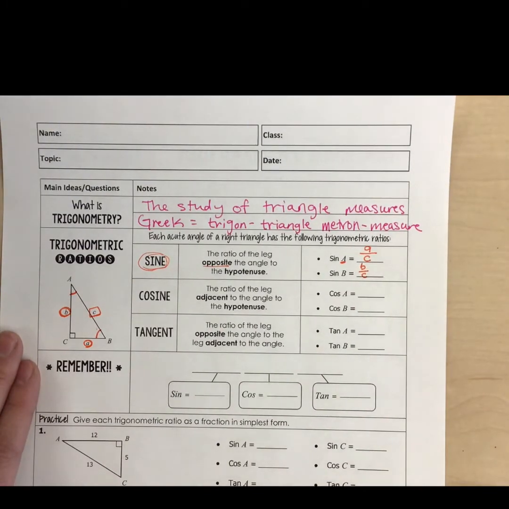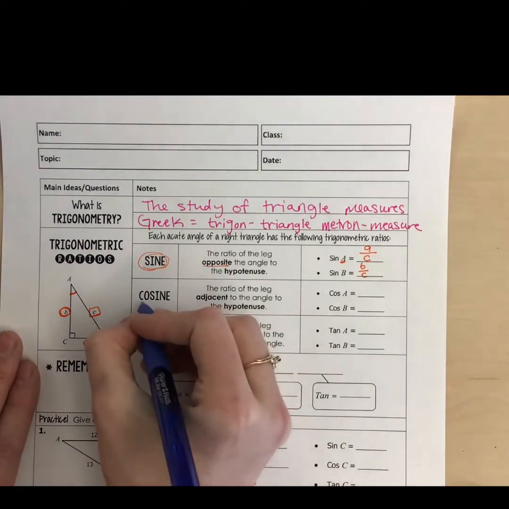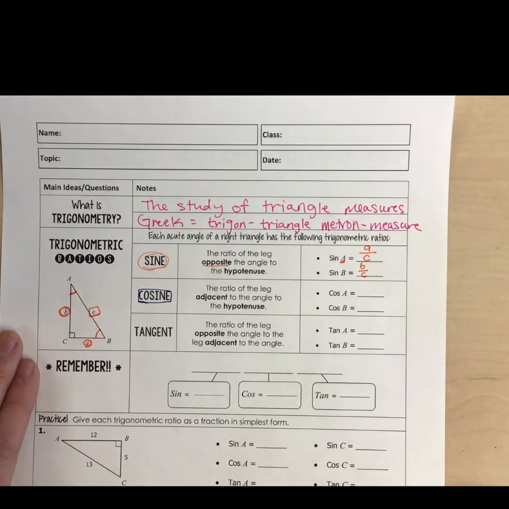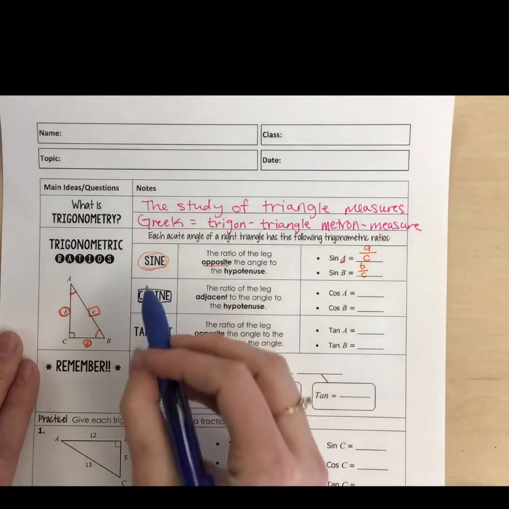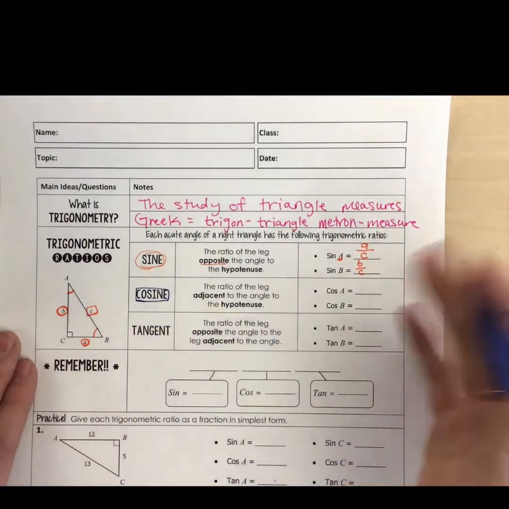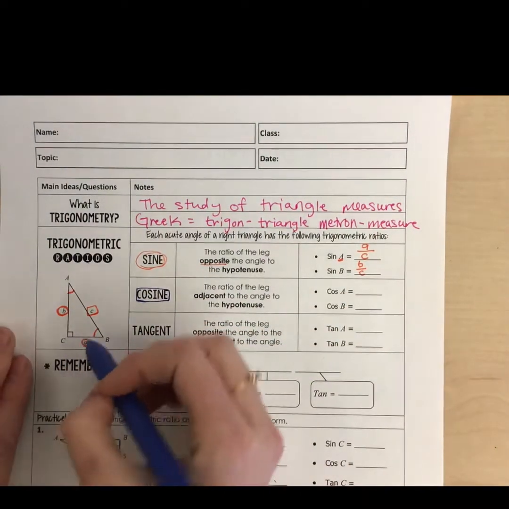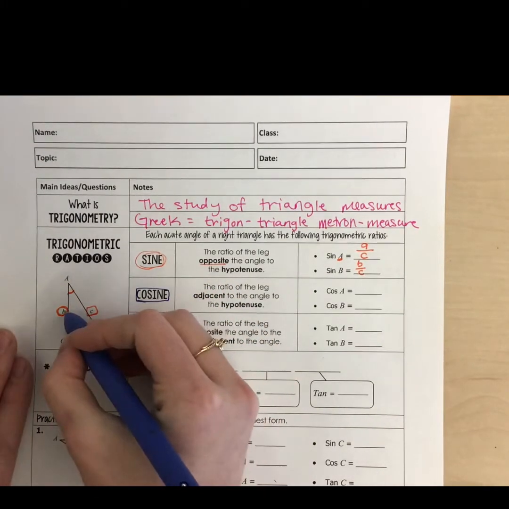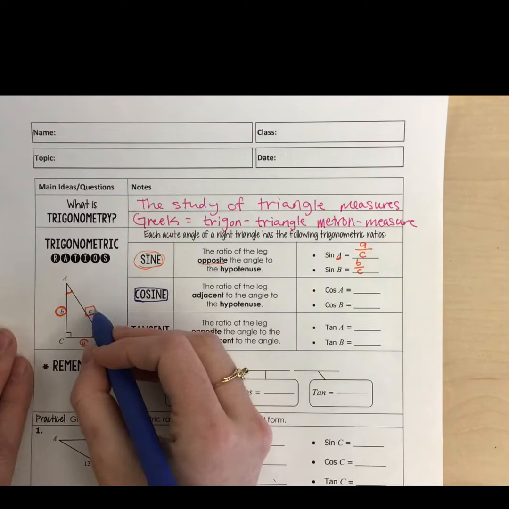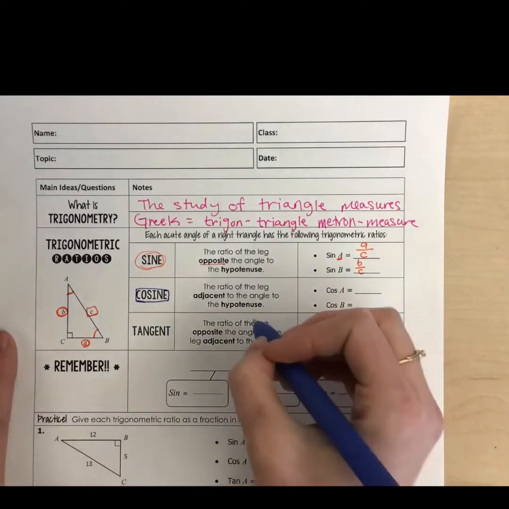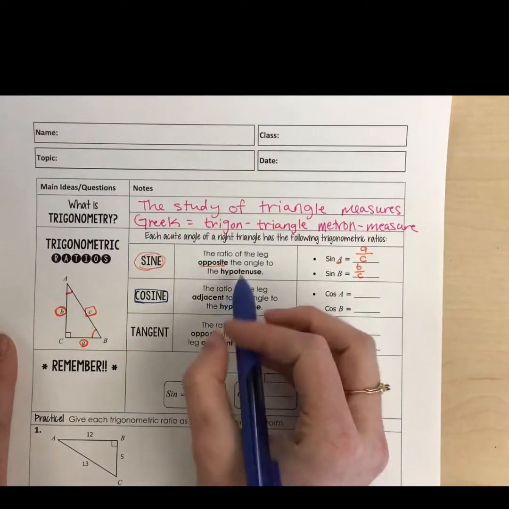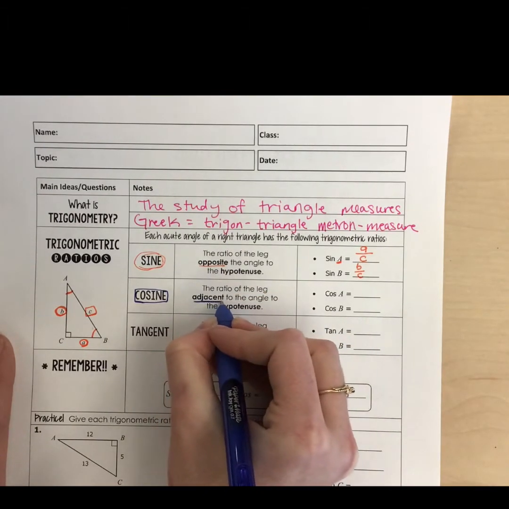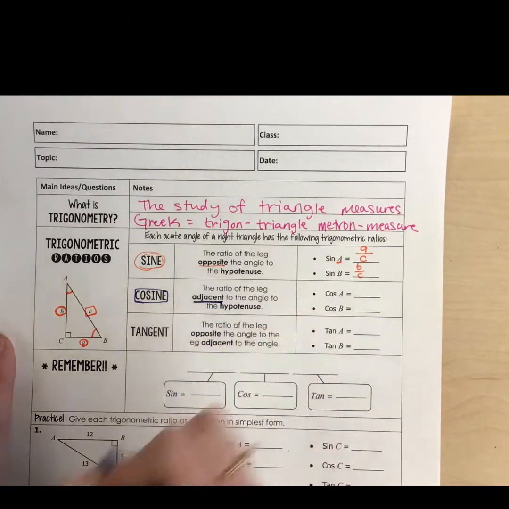Now for cosine, I am going to use blue. And cosine is similar to sine, but we have to use the other leg. In a triangle, we have three legs. And for every angle, there's a leg that's opposite and adjacent, and then that hypotenuse that we talked about. So for this one, since we've already used the opposite with sine, we're going to talk about the ratio of the adjacent leg with the hypotenuse.